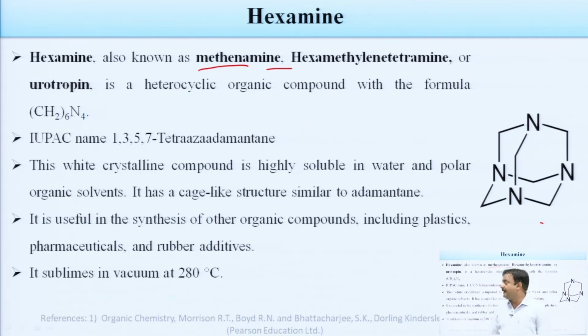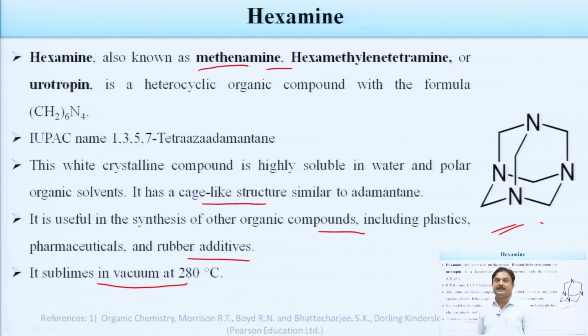Its IUPAC name is 1,3,5,7-tetraazaadamantane. This is a white crystalline solid compound, highly soluble in water and polar organic solvents. It has a cage-like structure as you can see in the picture, similar to adamantane. It is also useful in the synthesis of other organic compounds including plastics, pharmaceuticals and rubber additives. It sublimes in vacuum at 280 degrees centigrade.